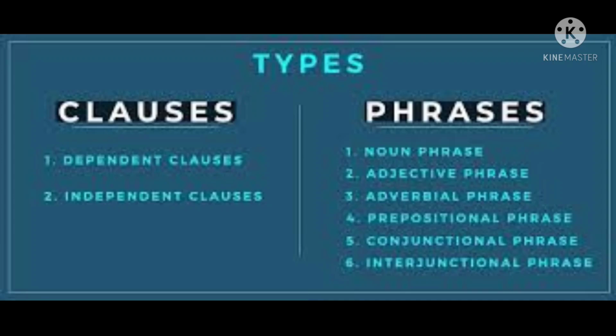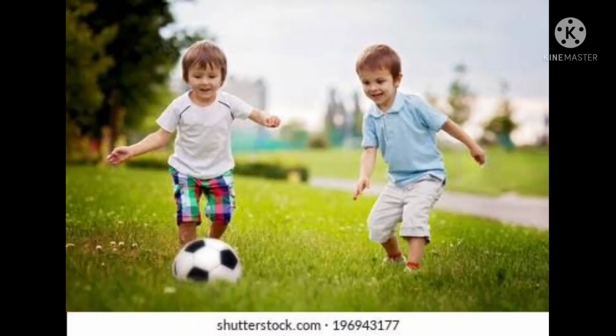One of the most puzzling pairs of speech is a clause and a phrase. Clauses and phrases are two very different parts of a sentence, but some of their similar features make it difficult for the learners of the English language to distinguish between the two.